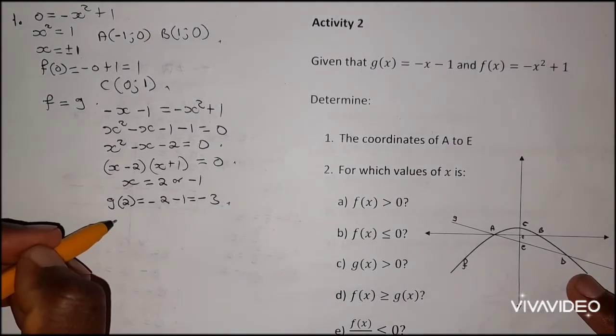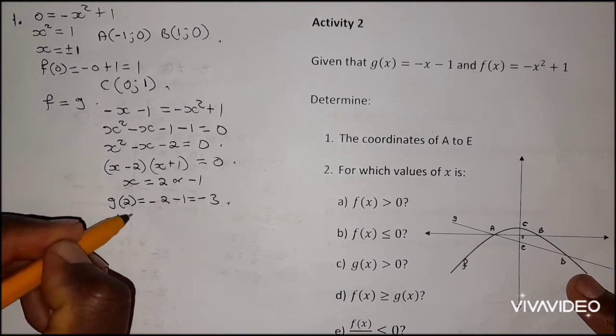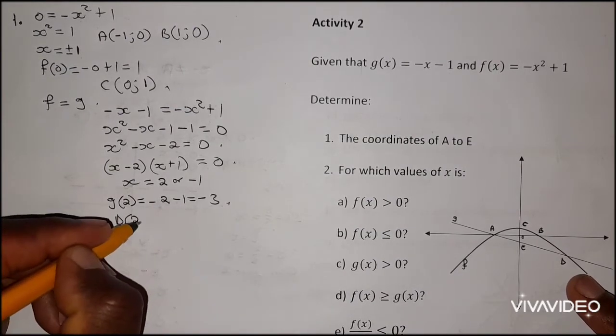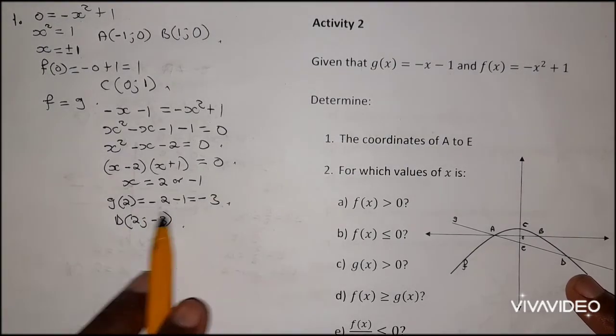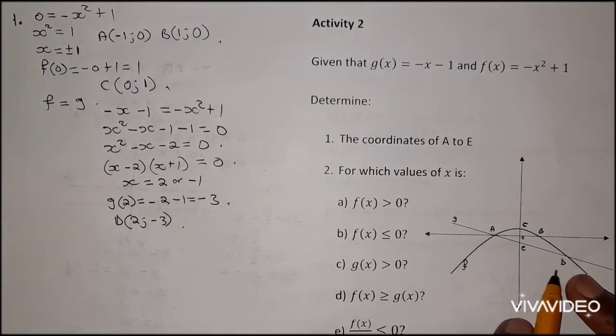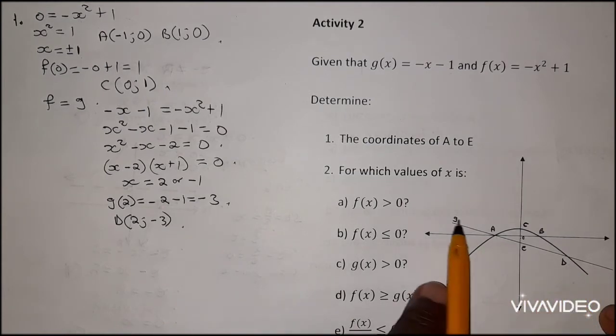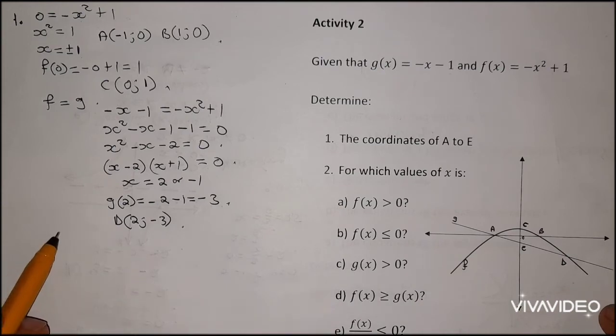So we are saying here the coordinates of D are (2, -3). The reason why I substituted this 2 into G is because D is also a coordinate along the function of G. So the point also satisfies that equation.